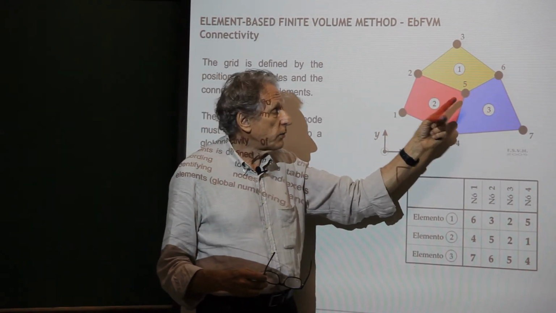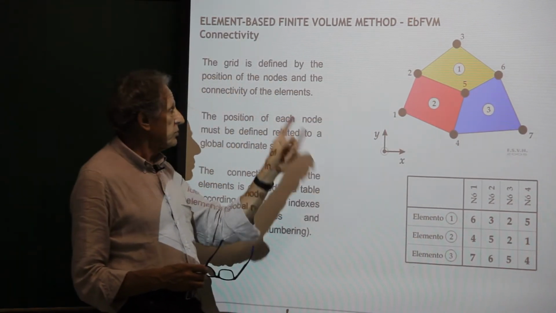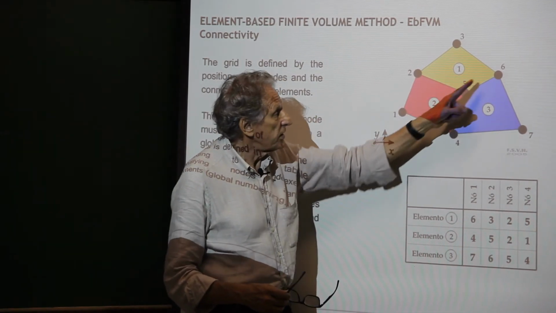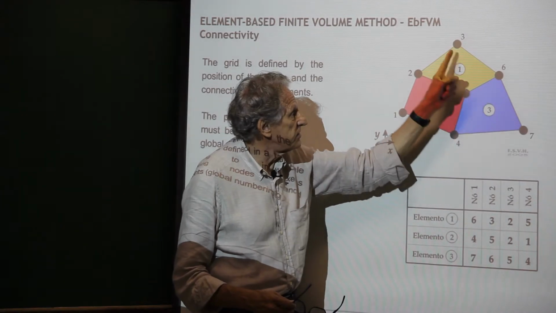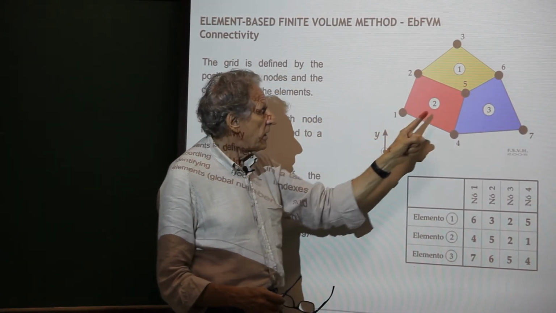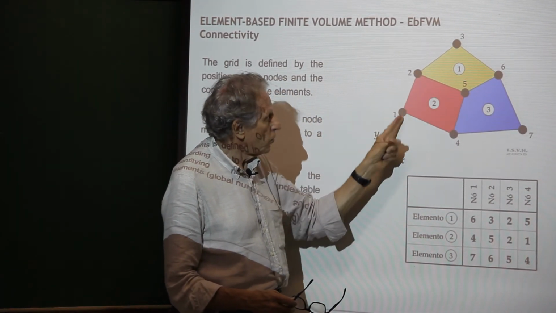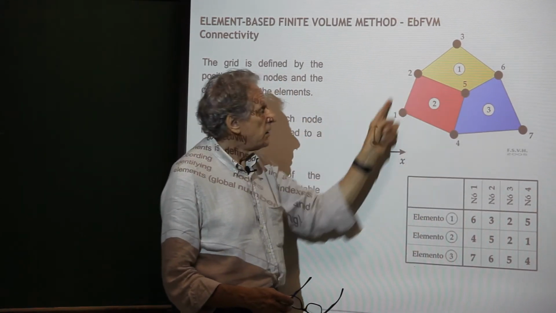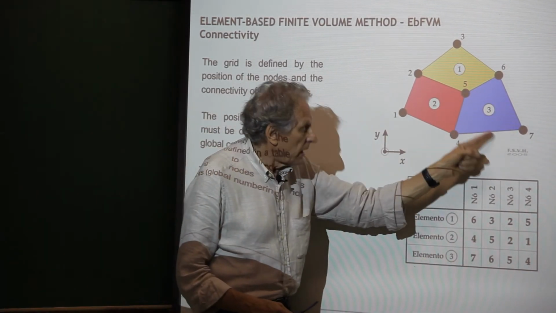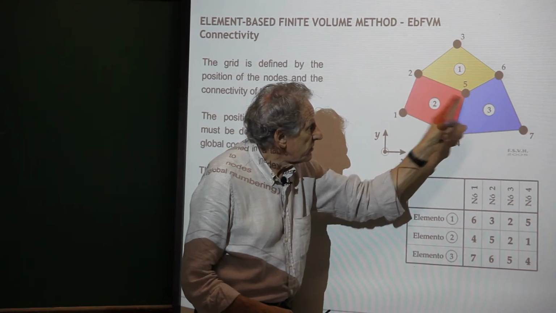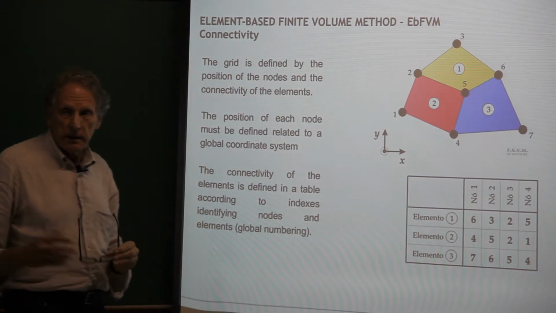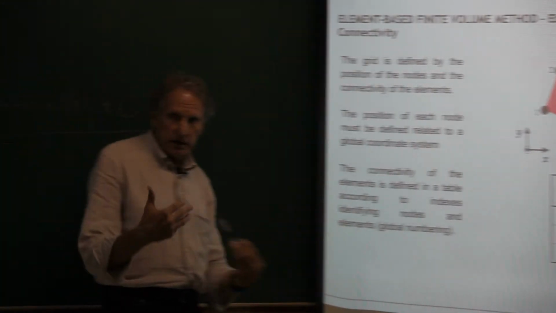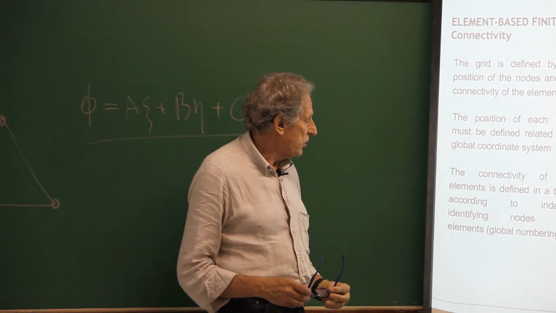But it's always like that. When I see it locally, it's 1, 2, 3, 4. Element 1 is 6, 3, 2, 5. Element 2 is 4, 5, 2, 1. Element 3 is 7, 6, 5, 4. So this is the mixture of the connectivity.